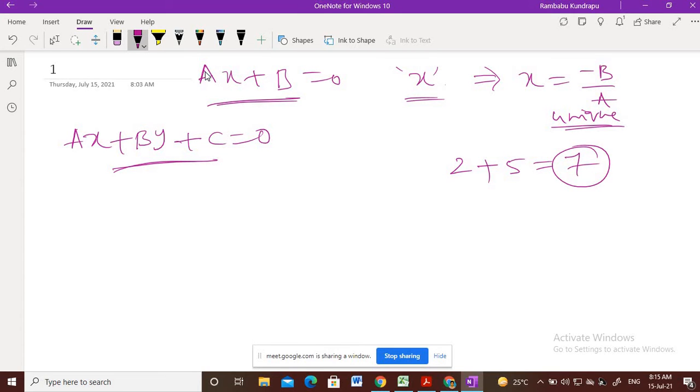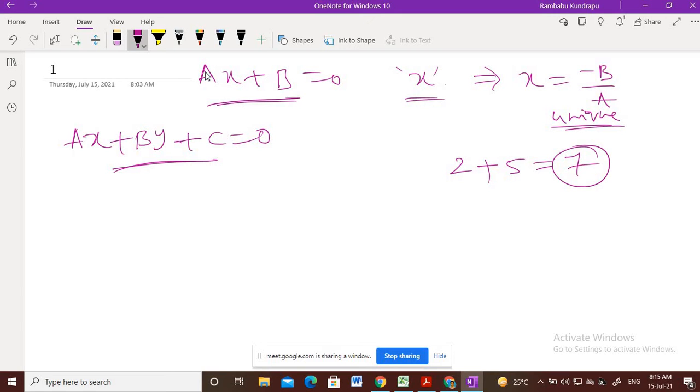You can take any number of constants, 4 or 5, but after adding all these constants you will get only one constant.